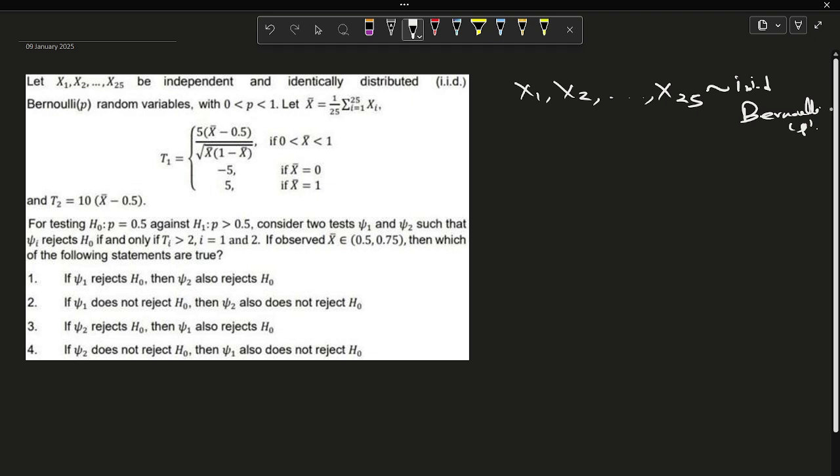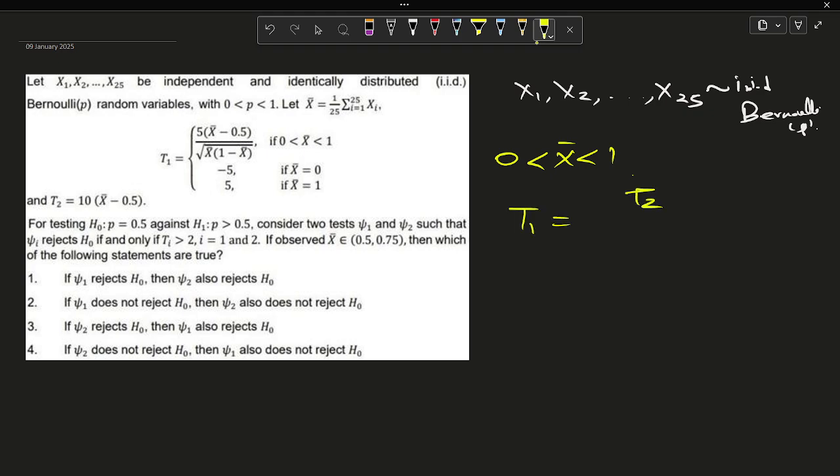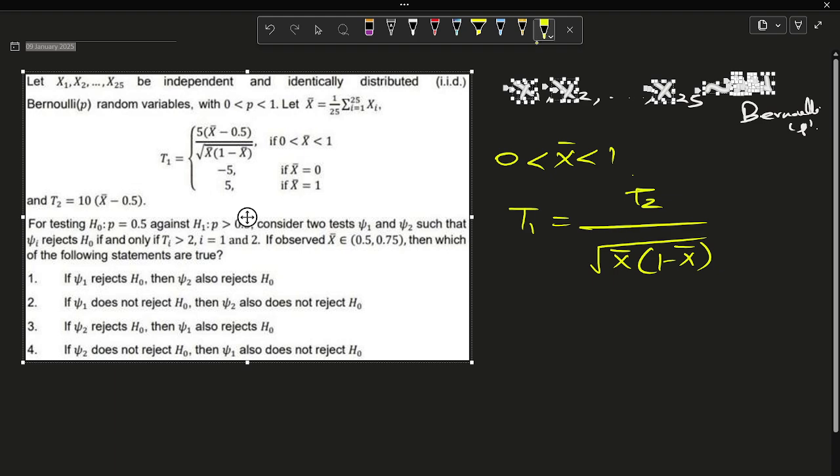Now for x bar lying between 0 and 1, T1 and T2 are related as T1 is equal to T2 by root over of x bar into (1 minus x bar), because T2 is this and T1 is this.